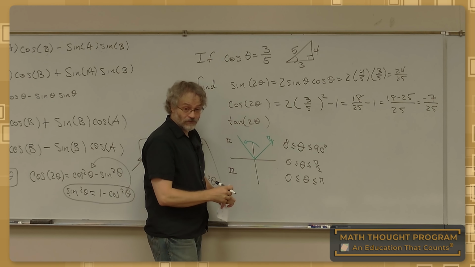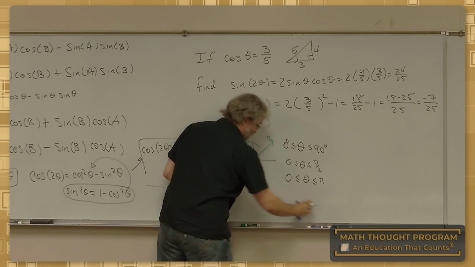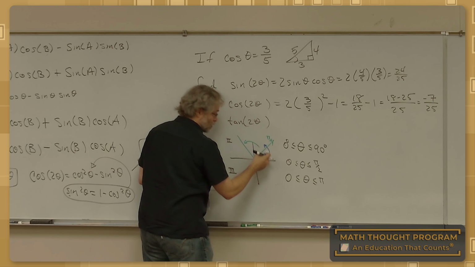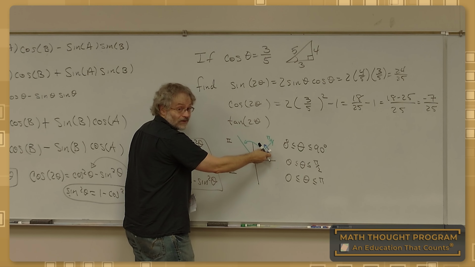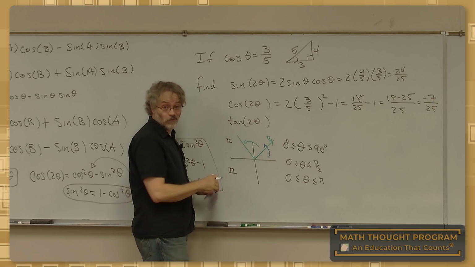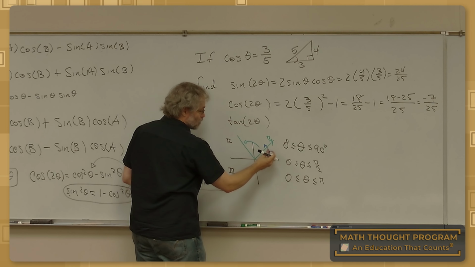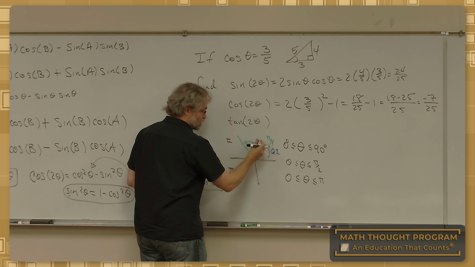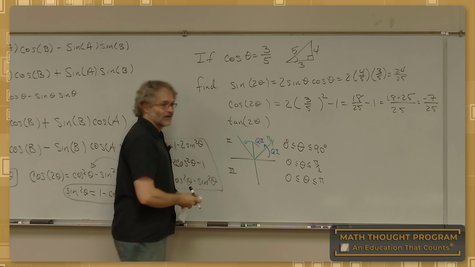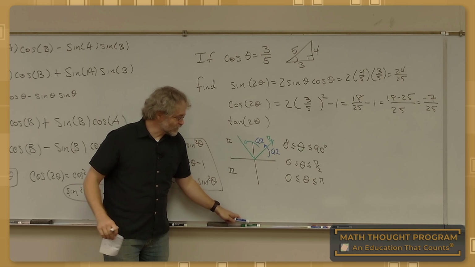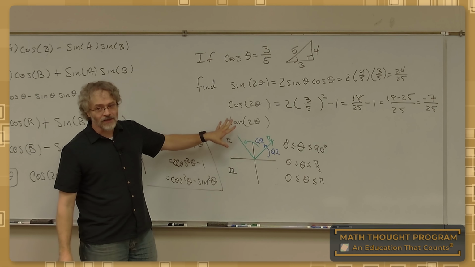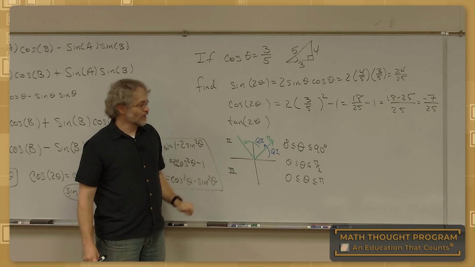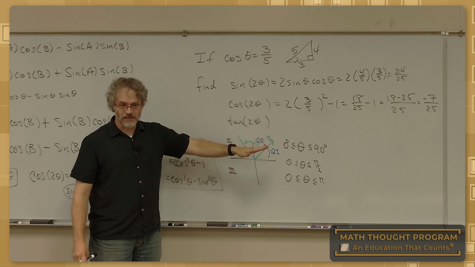Anything below the 45, between 0 and 45, if you double it, it might send you up here, or it could send you still down here a little bit. It kind of depends upon what's being played out. But you're going to remain in quadrant 1. So quadrant 1, you stay there. This one's going to send you to quadrant 2. So things can take a little bit of a different turn here. You have to pay a little more attention to what's happening with the thetas. Is it flinging you too much to one side or the other?